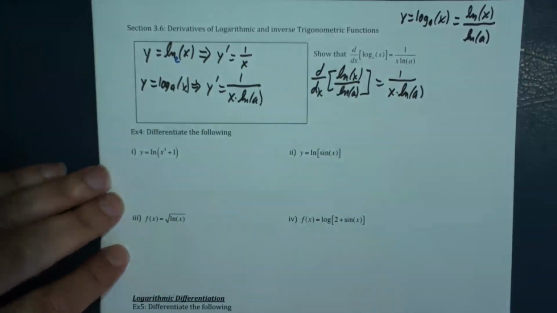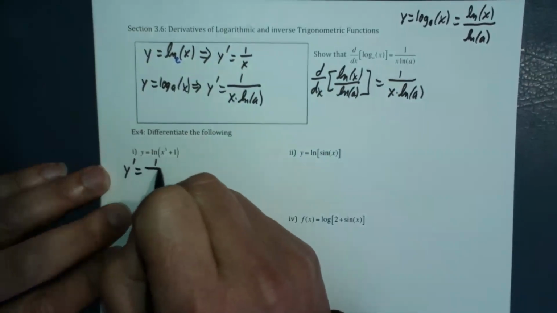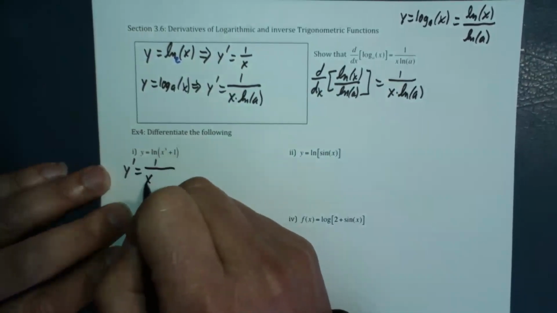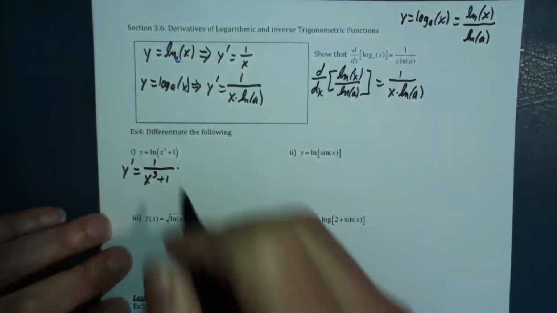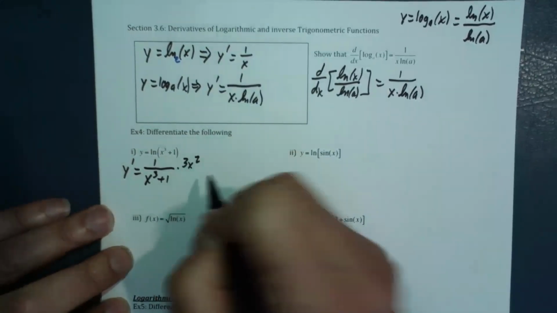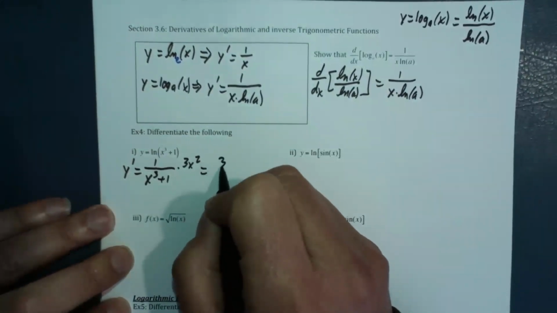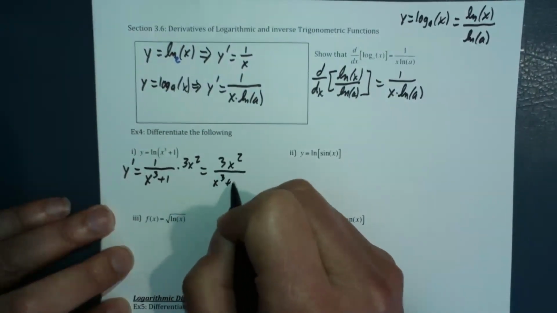And once again, we need to keep chain rule in mind. So y prime is going to be 1 over all of that, x cubed plus 1, times the derivative of that, which is going to be 3x squared. So the whole derivative is just 3x squared over x cubed plus 1.